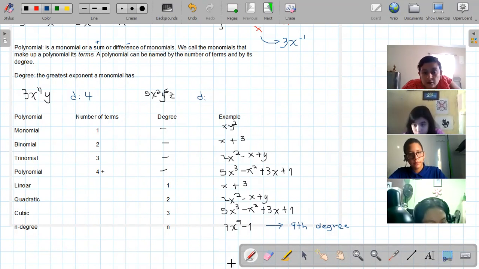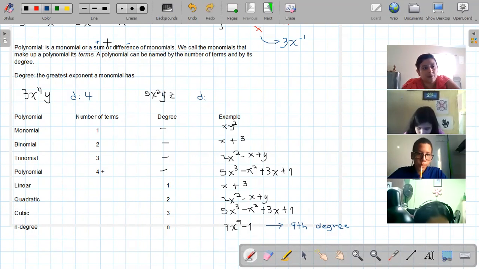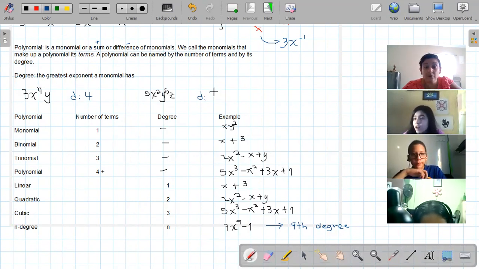I'm sorry? The power of 6. That was a 5, not a 6, but let's make it a pretty 5 so you can see that it is a 5. There. So what's the degree of this monomial? 5. Very good.